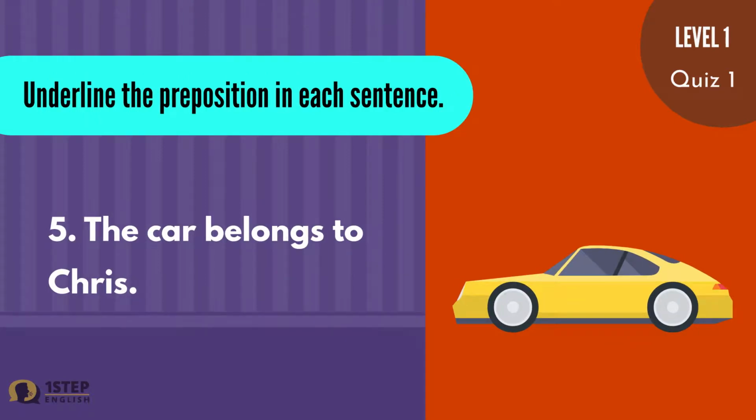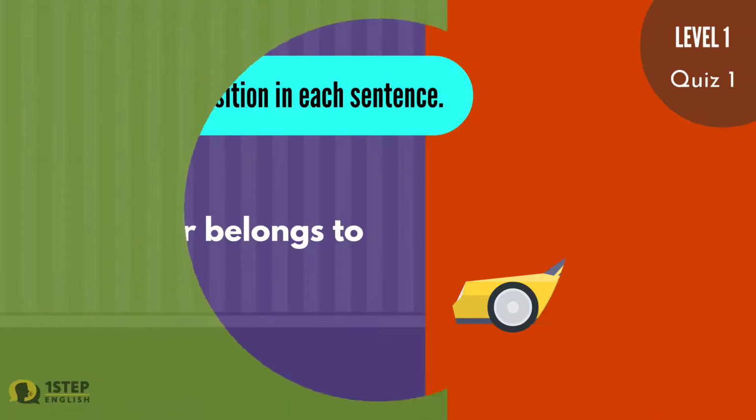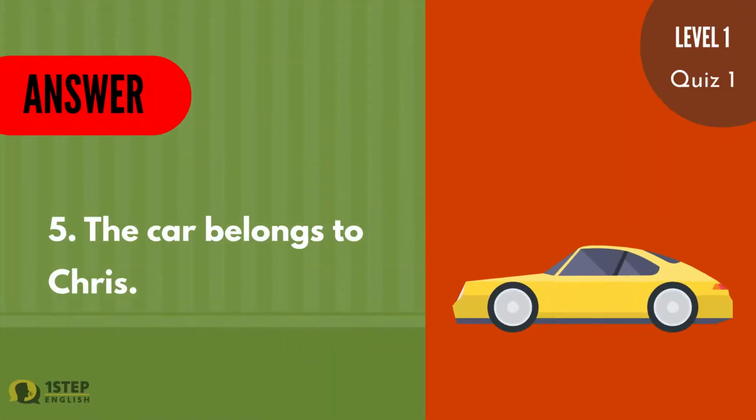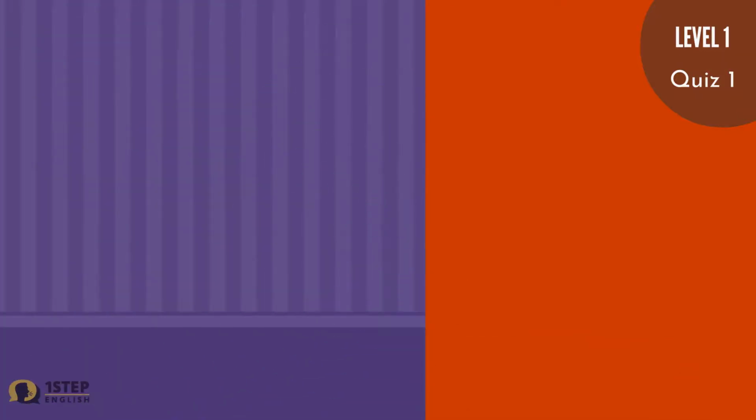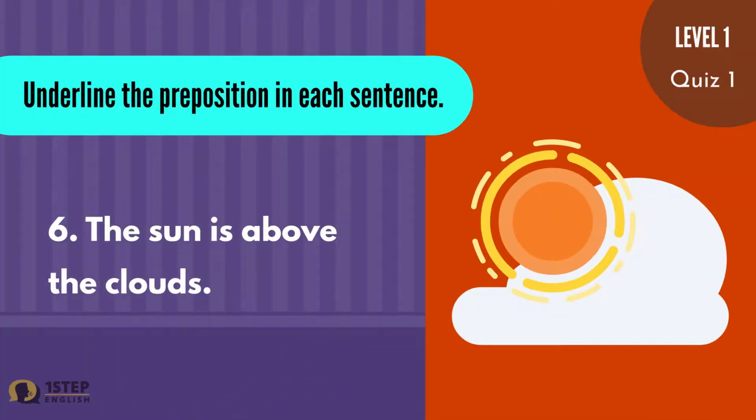Number 5. The car belongs to Chris. The correct answer is to. The car belongs to Chris. Number 6. The sun is above the clouds.